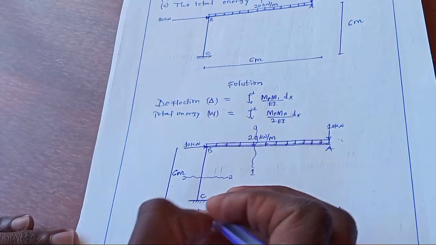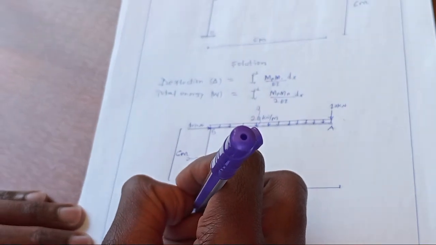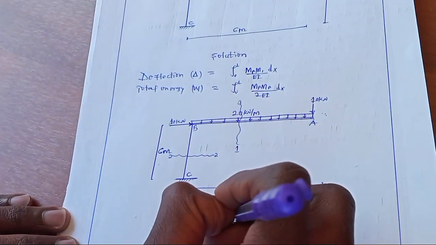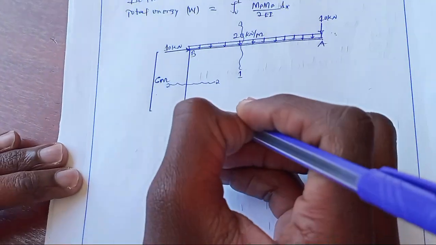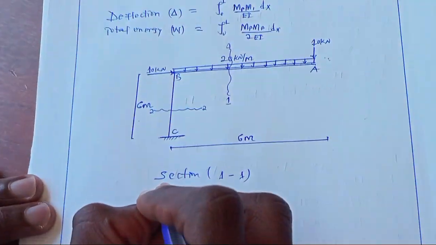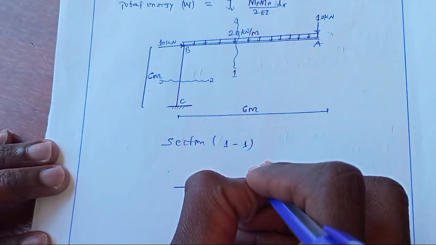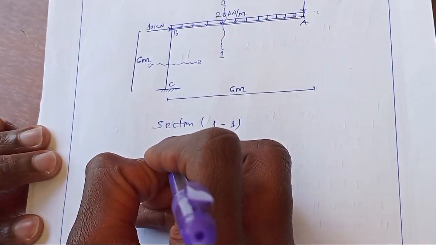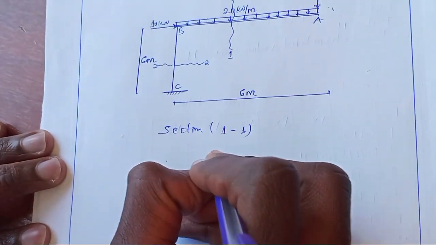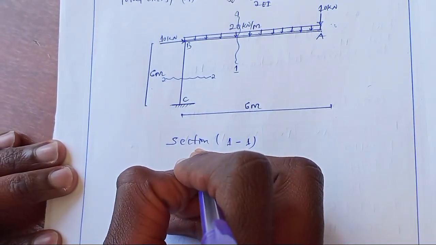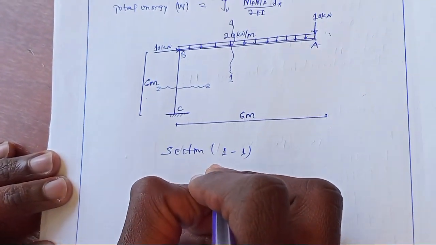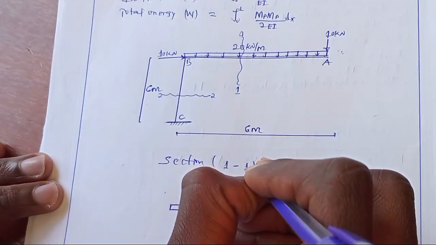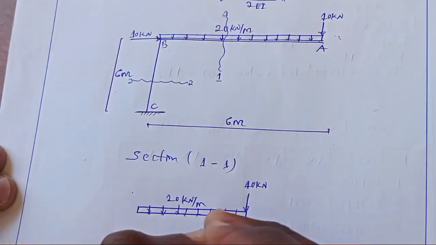So let's consider section 1. Section 1 will be in this way. This is 20 kilonewton per meter. This is a point load of 10 kilonewton.